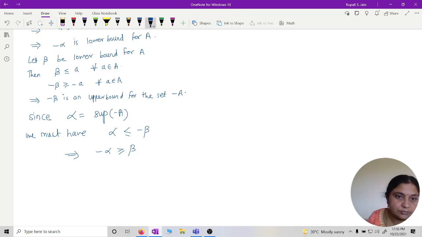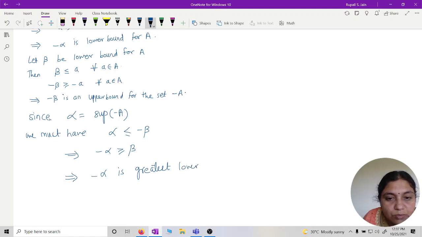Beta is a lower bound of A, and minus alpha is also a lower bound for A. But we have minus alpha greater than or equal to beta.